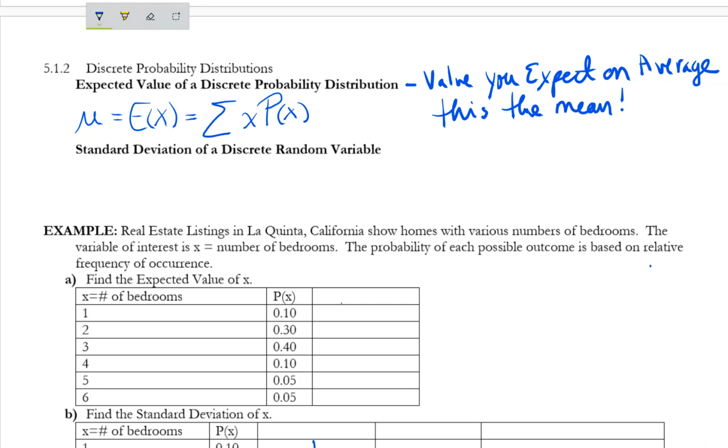If this formula looks scary to you, it's not as bad as it seems, and if you remember back to doing means by hand, it's very similar. Notice there's no dividing because everything's being affected by its probability size, not by how many there are.